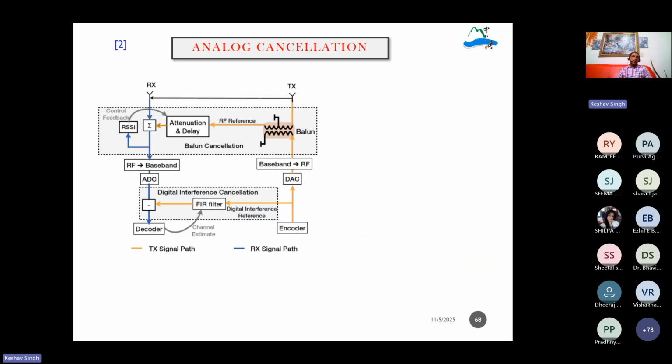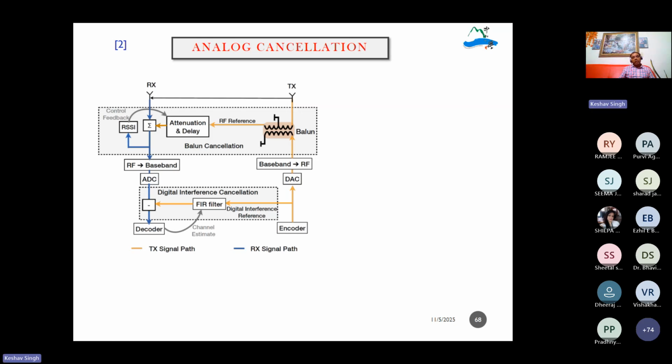This is analog cancellation. Here this is a kind of circuit requirement. We use a balun, and there will be storage of this transmitted signal. And here we need to subtract it. This is digital interference cancellation, because we are storing the signal here, and then we subtract it, and we get the received signal, and then we decode.